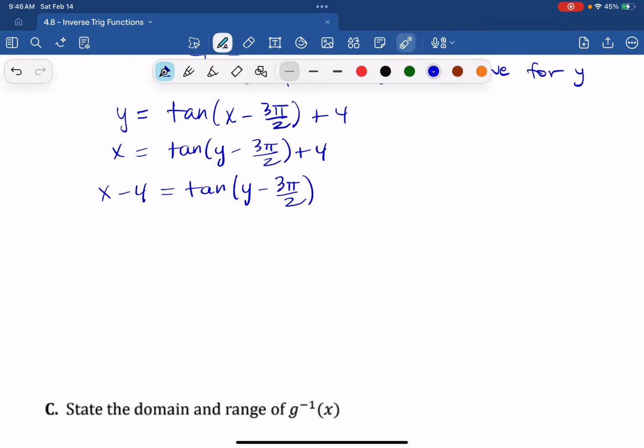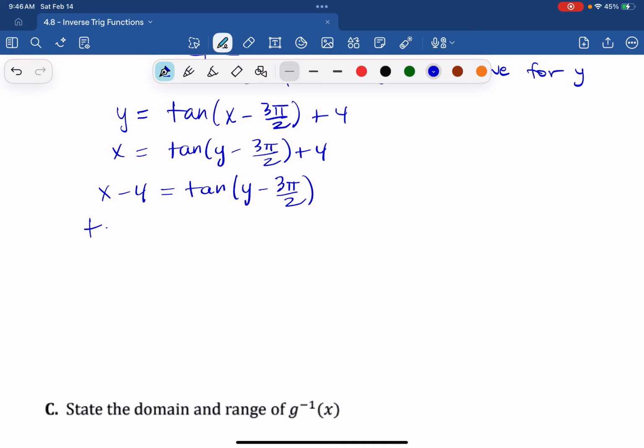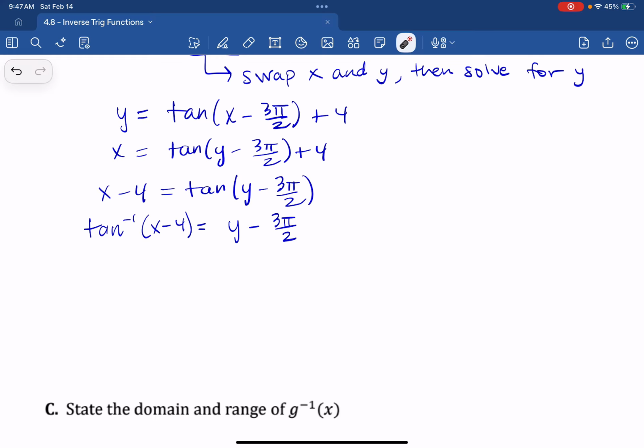So now I need to still solve for y. So I need to get this y isolated. So I need to undo tangent. And to undo tangent, I take the tangent inverse of both sides. So this is going to give me tangent inverse of x minus 4 equals y minus 3 pi over 2. And remember, you can also use arctangent for tangent inverse as well. All right, so the last thing we have to do now is just add this 3 pi over 2 to both sides to isolate y.